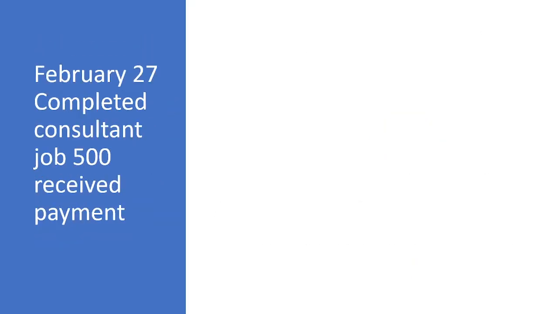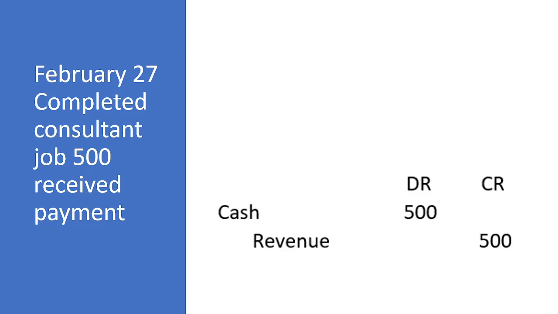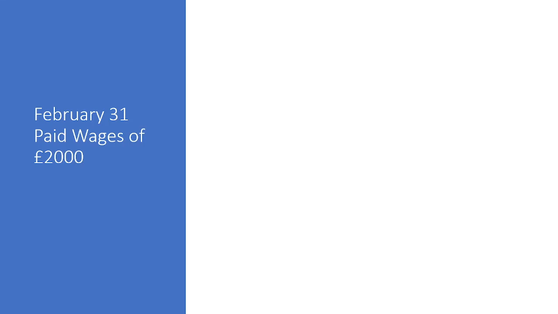Let me go back. Yeah. So we're going to debit cash and credit revenue. Simple as that. We did a job, they told us they'd pay later, they paid later, and when they have paid, we're going to record it. Yeah. Next one, February 31st.